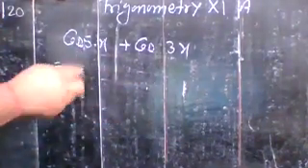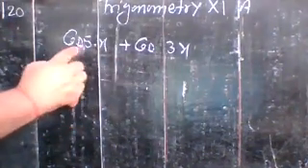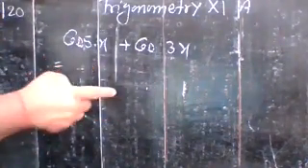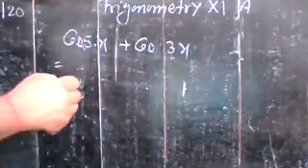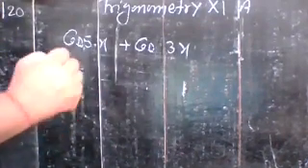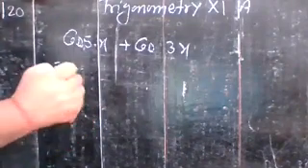So what do you write here? Here you apply the identity for cos x plus cos y. Cos x plus cos y is equal to 2 cos of x plus y by 2 into cos of x minus y by 2. You only have to apply the formula as it is.